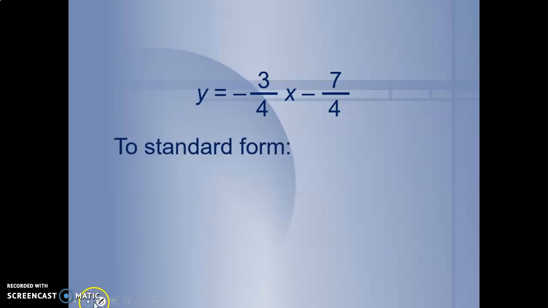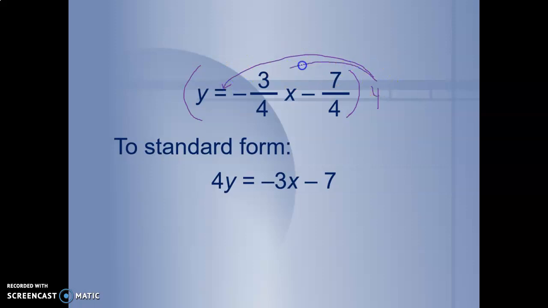All right, if we wanted to change that to standard form, we would need our x and our y on the same side and no fractions. So the first thing that I would do would be to multiply everything by 4. That would get rid of my fourths on the bottom. And when I do multiply everything by 4, I get 4y. 4 times negative 3/4 is just negative 3.